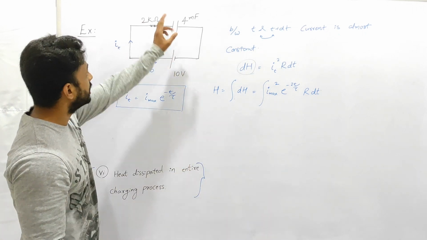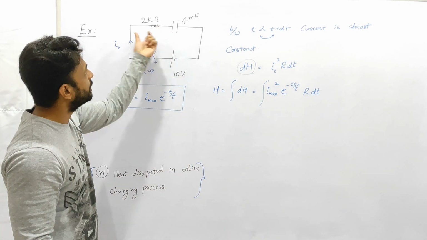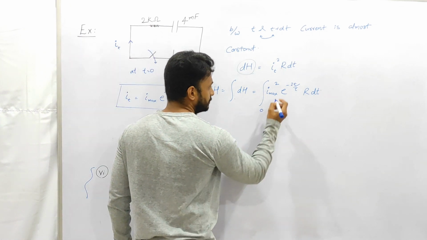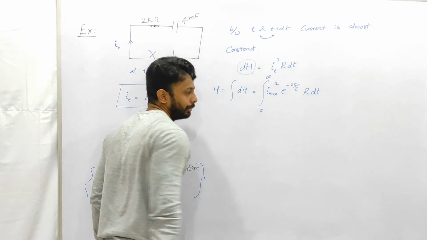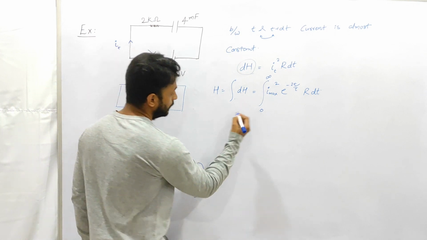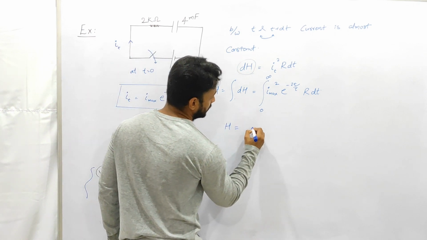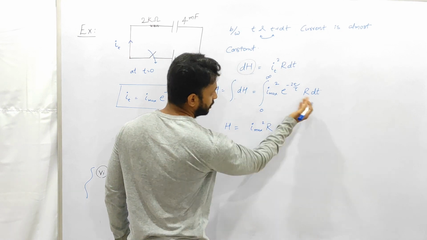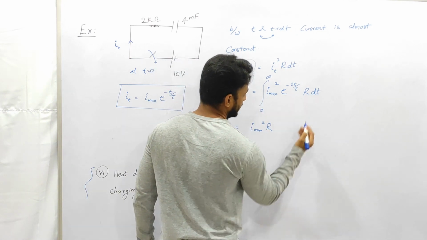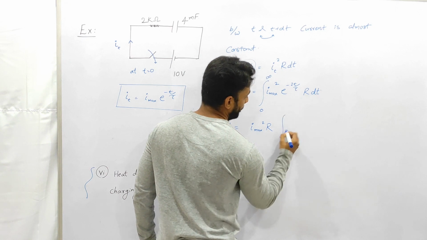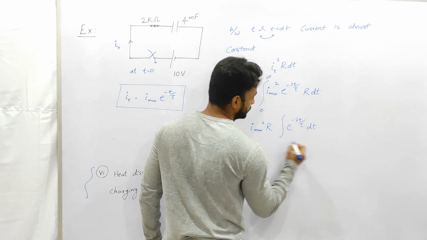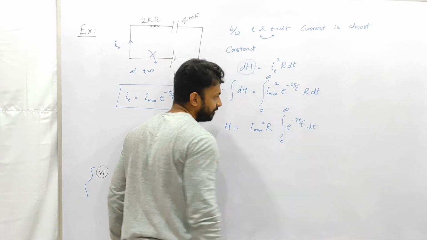And by the way, from what time to what time will the current be circulating in the circuit? From 0 to infinite. So H is equal to I max square into R, that's a constant, I'll take it out, and the integration of e power minus 2t by tau dt from 0 to infinite.